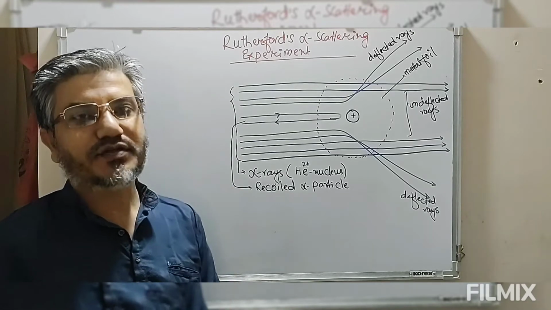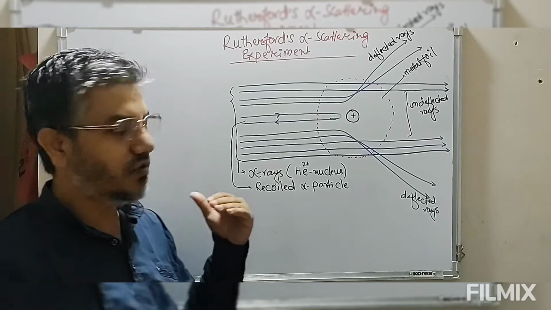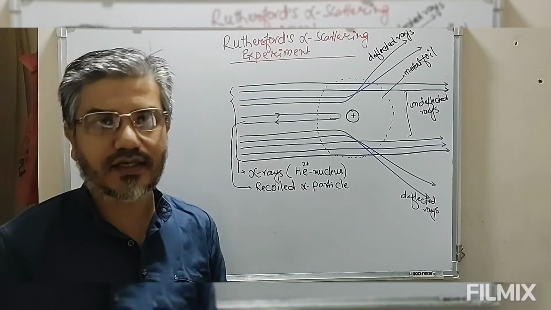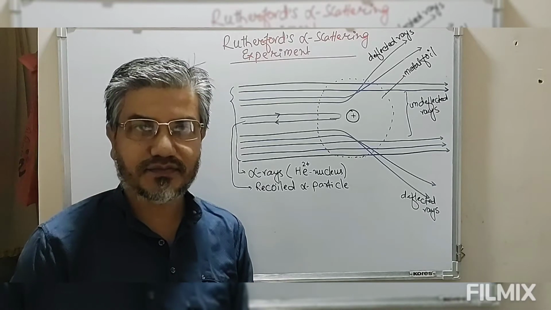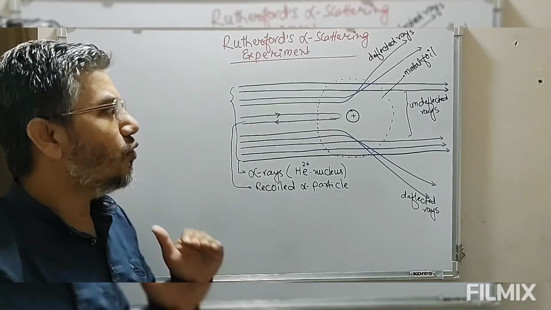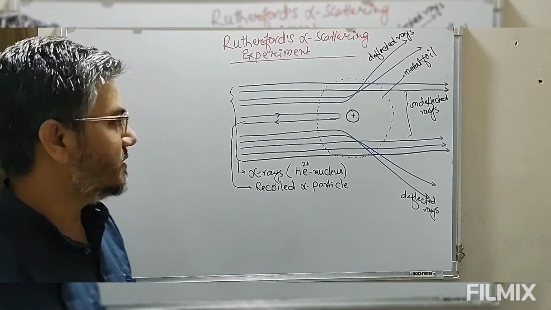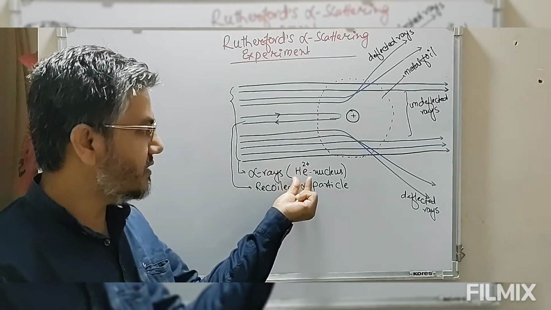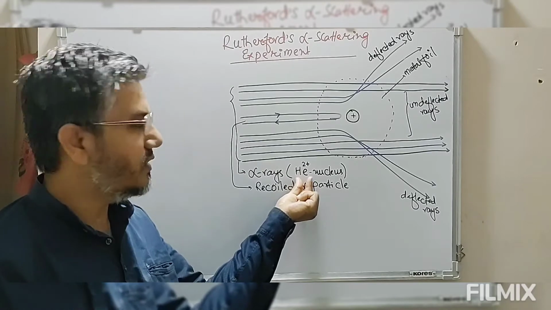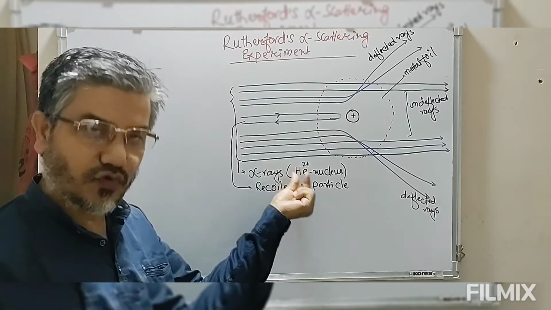In this experiment, he chose gold, or we can take any heavy metal. Why we take a heavy metal is that the alpha particle is a heavier particle, atomic number 2, mass number 4.